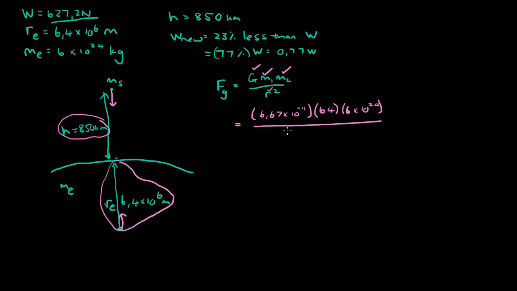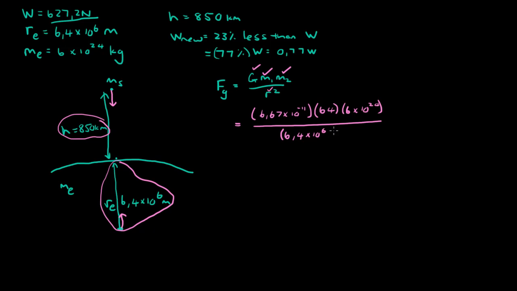Okay, so what is the distance between them? Let's fill it in brackets, and then we'll square it. So the distance is that radius of the Earth, 6.4 times 10 to the 6. We're working in meters, remember, SI units, meters, kilograms. So it's that distance there, plus that distance there, and that distance is 850 kilometers.